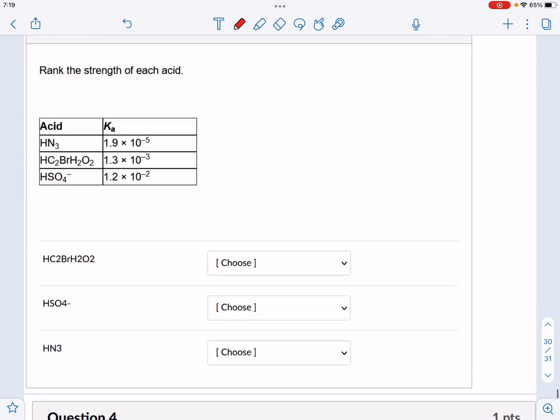Here rank the strengths of each acid. Okay. Stronger acid means larger Ka. Okay. So the larger Ka is this one.